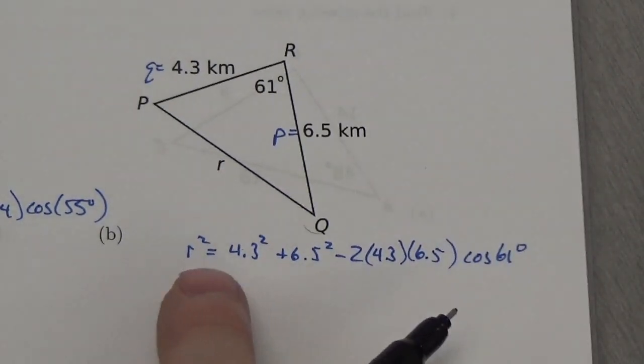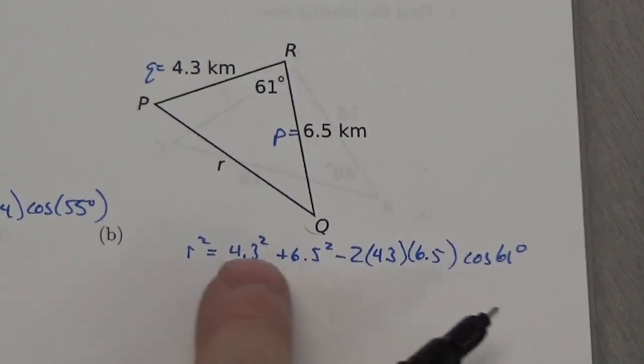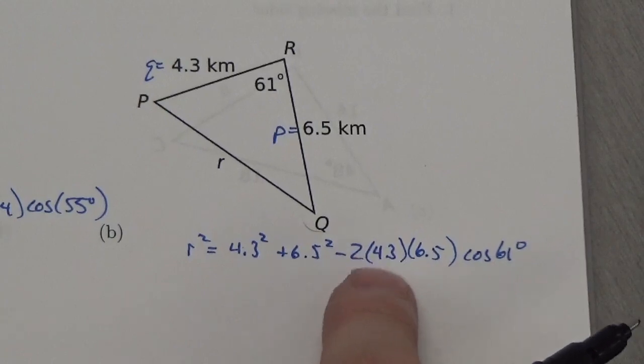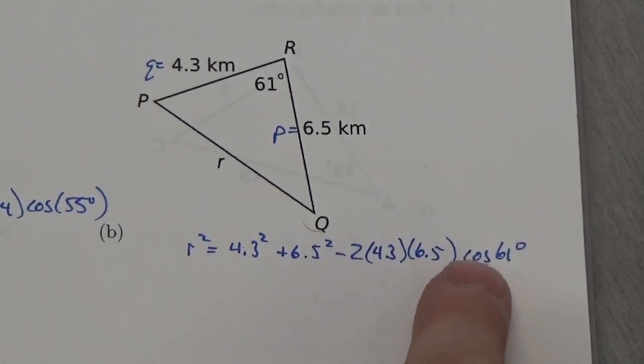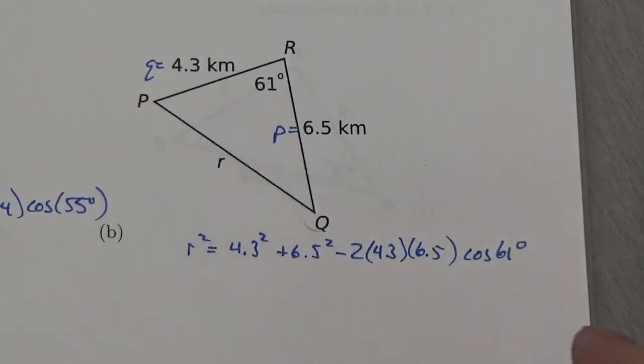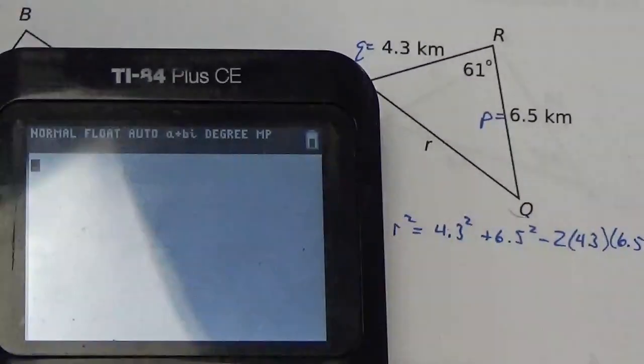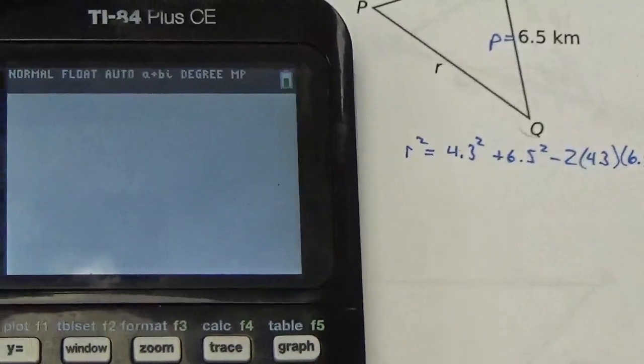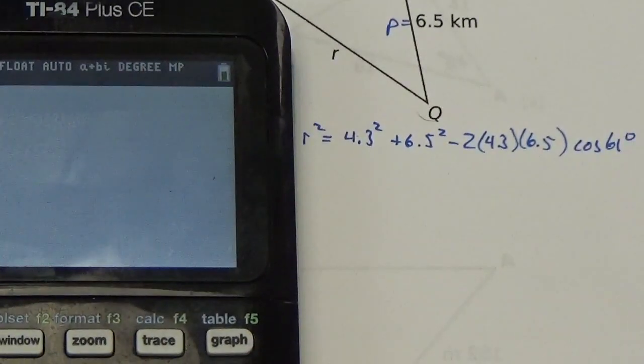Okay, so this is the side that I'm looking for, so it's those two sides that I have squared, added together, minus 2 times the product of the two sides, and then that is multiplied by that cosine of the angle. So now, just like before, I go to my calculator. Whoops, I'm getting a weird glare there. I want to be able to see that. There we go.